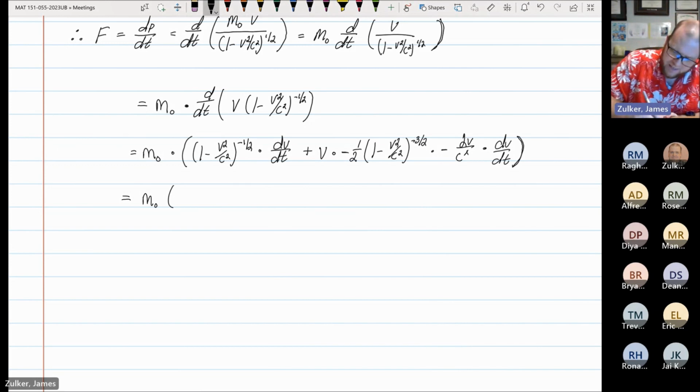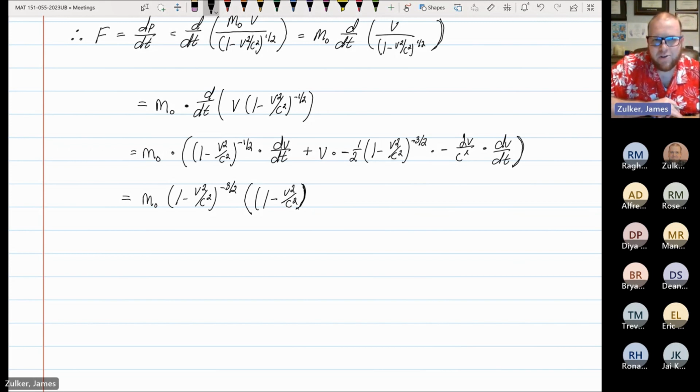Let's factor out a 1 minus v squared over c squared to the -3/2. What we're left with is 1 minus v squared over c squared to the first power.